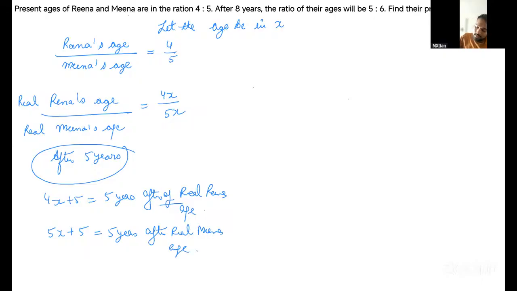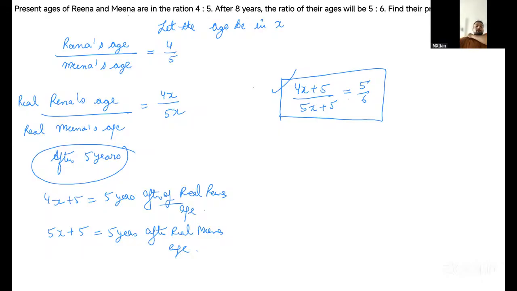And it is given that after 5 years their ratio becomes 5:6. So their ages were like this, and now after 5 years, they will be in the ratio of 5:6. Now this is the equation, you have to solve it and find the value of x.